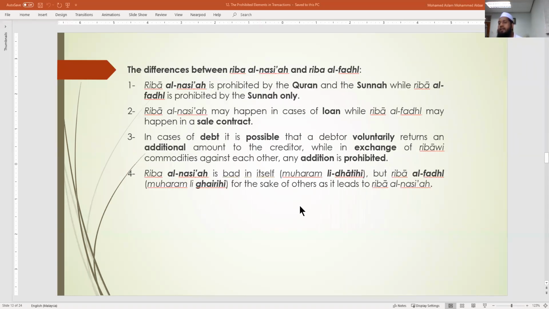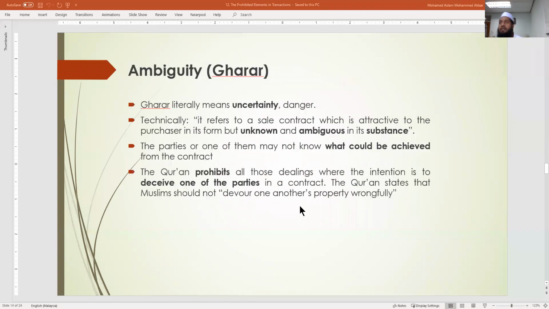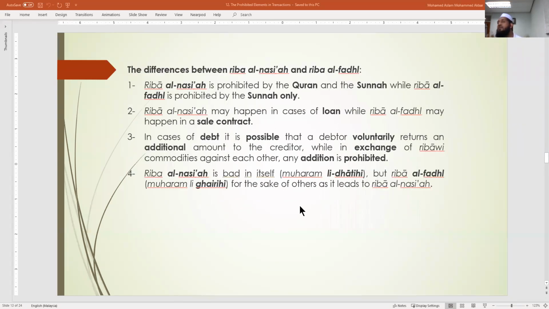All right. This is the last one for today. What are the differences between riba al-nasi'a and riba al-fadl? We talked about two ribas, right? Number one difference: one of them is from the Quran, the other one from the Sunnah. The second difference: riba al-nasi'a happens only in cases of loan, but riba al-fadl happens during trade, during the contract.